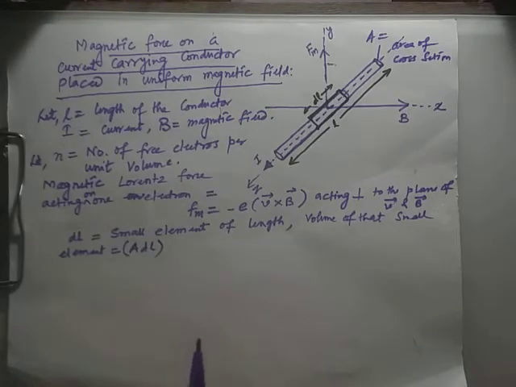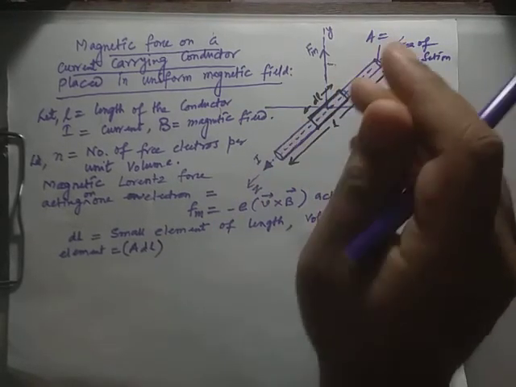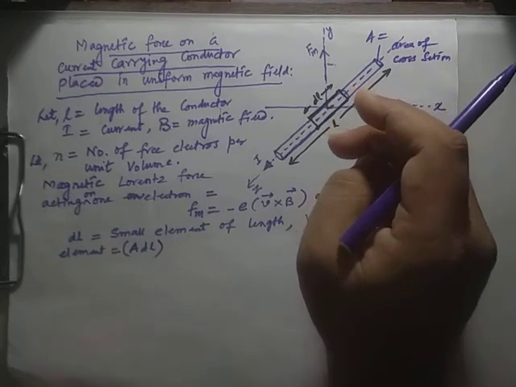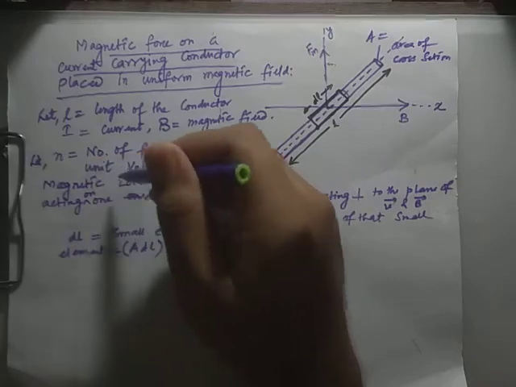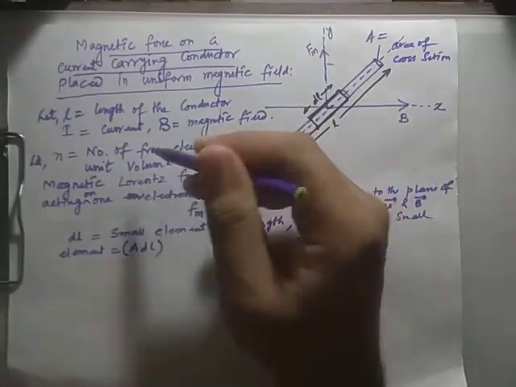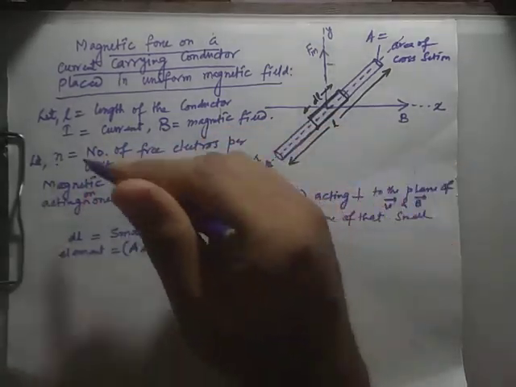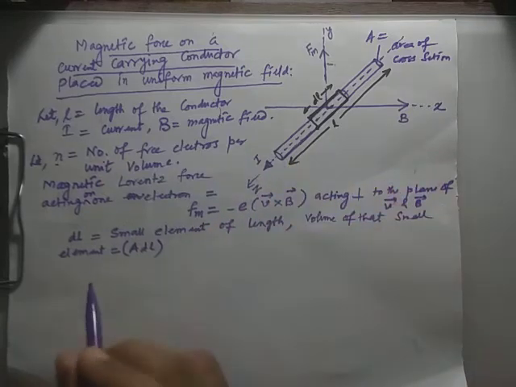Now the question is how many electrons will be there in that small element. It is already written here that the number of free electrons per unit volume is n. So multiply with the volume and you will get the number.